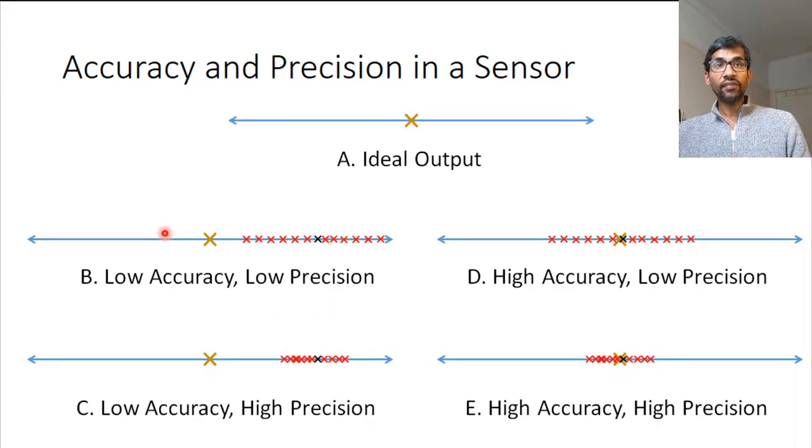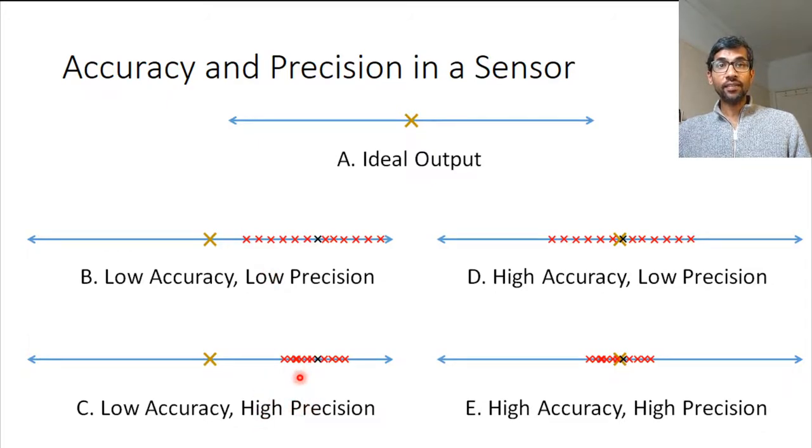Now, in a situation like here, we have an average value that is very far away from the true value. So the sensor is not accurate, or it has a very low accuracy. And the individual measurements themselves are quite spread apart, so we have a very low precision.